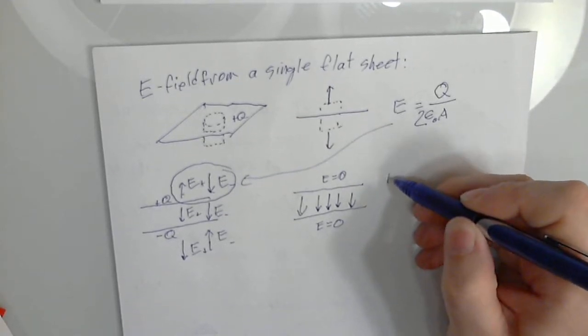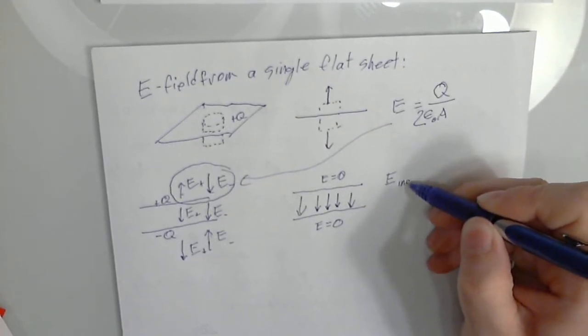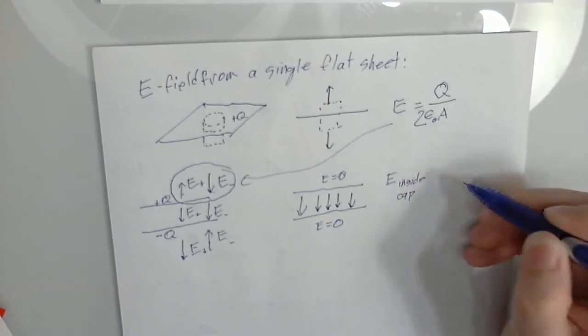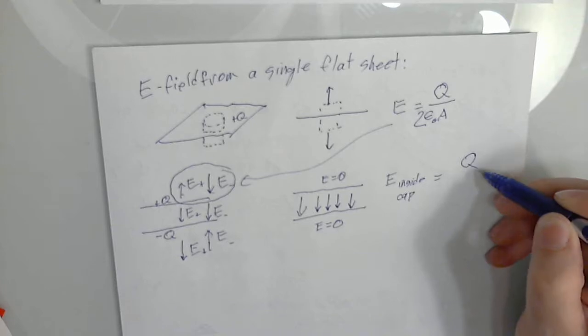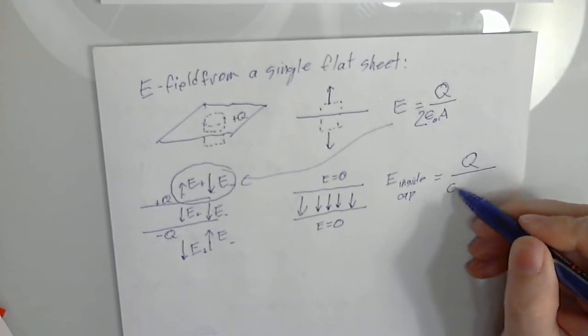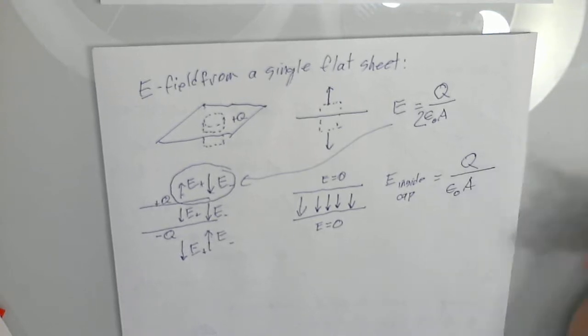All right, so the electric field inside the capacitor is equal to Q over twice this, which is Q over epsilon naught A.